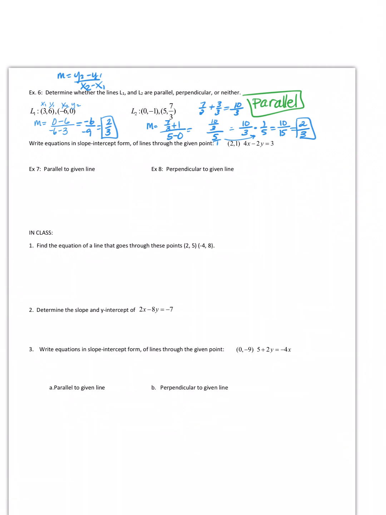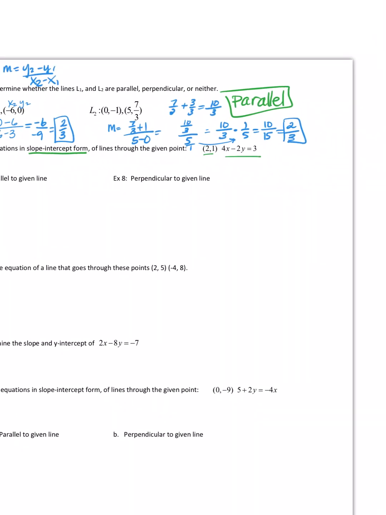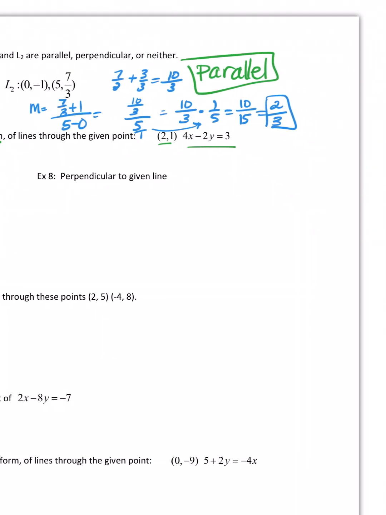Then it says write the equations in slope-intercept form of the lines going through the given point, 2, 1, and this point. First, that's parallel, and then perpendicular. Now, before you go any further, you want to rearrange this puppy into y equals mx plus b form, because what we need to know is the slope, okay?